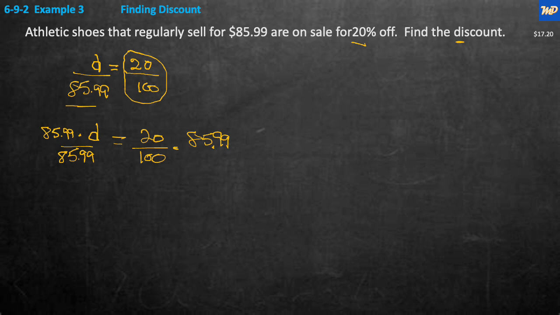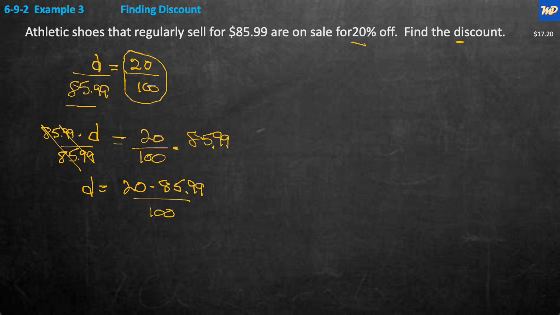Okay? So when we calculate this out, the $85.99s are going to disappear, and we're going to have D, the discount, is equal to 20 times $85.99 divided by 100.